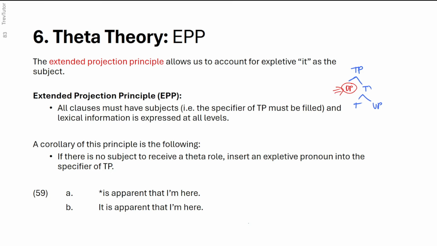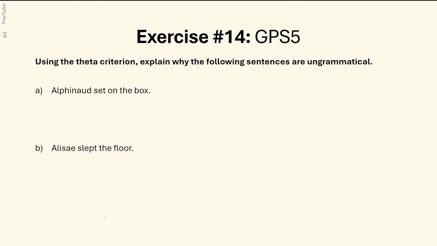We know that's not a complete sentence, but there's no agent to give a thematic role to in order to fill out the subject position. So what do we do? Well, the EPP says we need something in the specifier of TP. We need a subject. This is where we introduce the expletive in order to fulfill that projection principle and make our sentences grammatical.